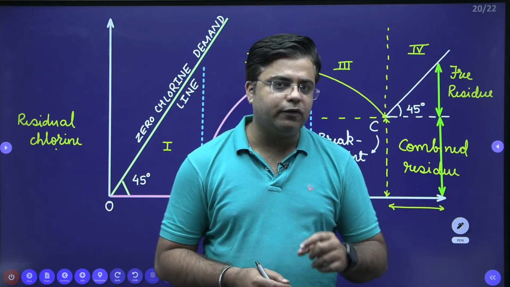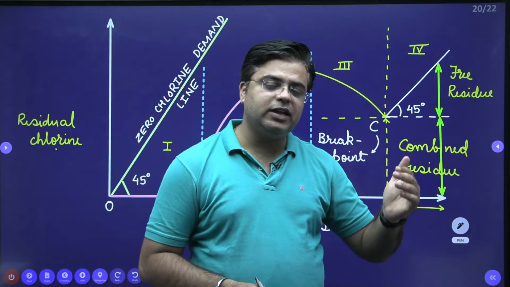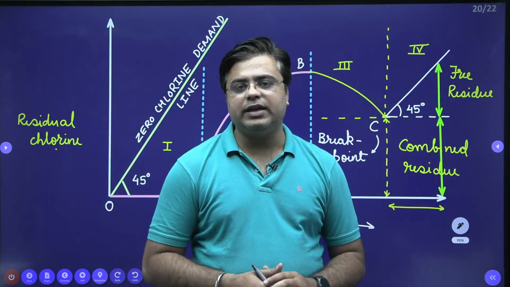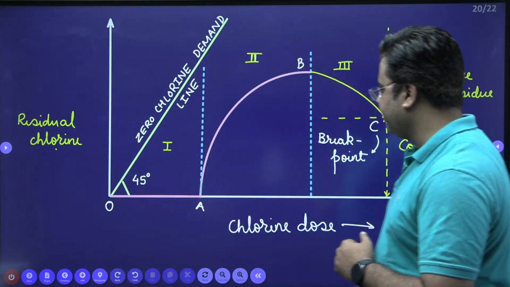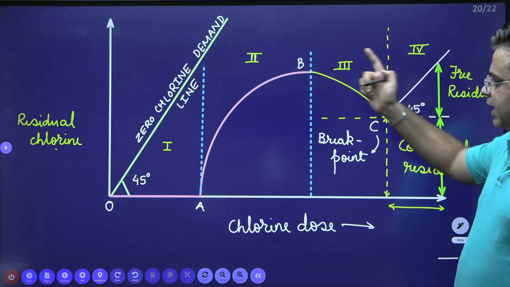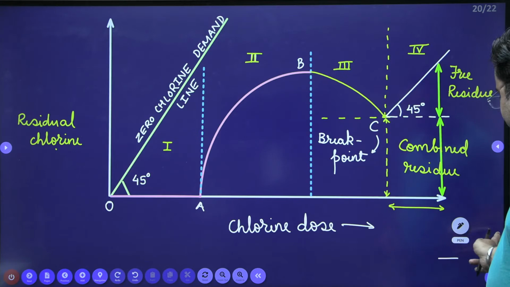And that taste of chlorine is due to this combined residue, which is added intentionally so that future recontamination can be taken care of. Okay. This is known as breakpoint chlorination. A lot of numericals can be formed from this curve. This curve is a very, very important curve, right?